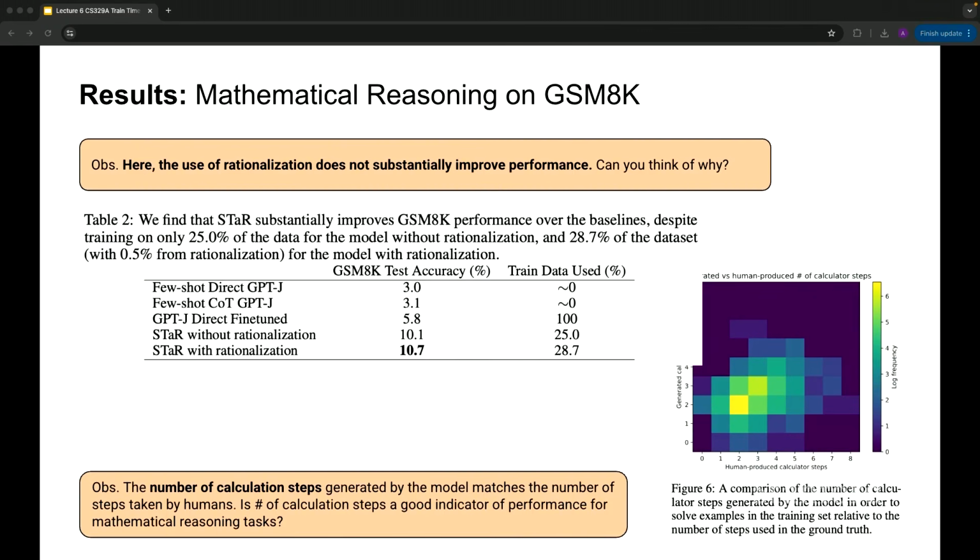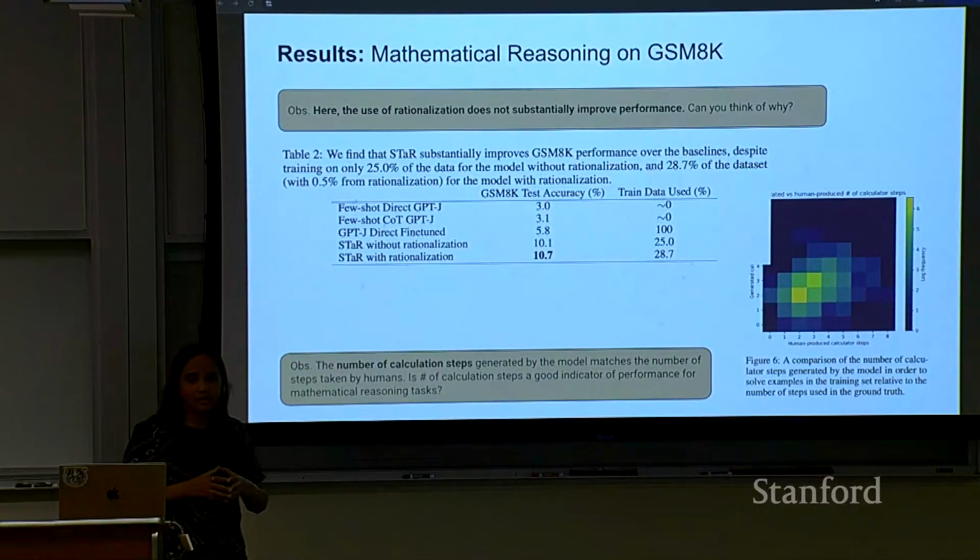In terms of mathematical reasoning, this was an interesting one on GSM8K. What they found was that the use of rationalization actually did not improve performance. STaR by itself was not helping in this particular case. So what you see is that you have GPT-J, and it improves over the baselines, but it's not helping too much. If you directly do fine-tuning on good data, then you can improve it similarly. One of the reasons is the number of calculation steps that were used by the model themselves.